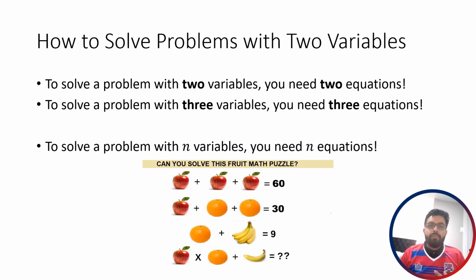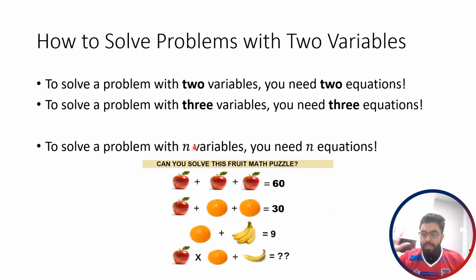Basically, when you're solving problems with more variables, for every different letter that shows up in your problem, for every different fruit that shows up in your problem, you need to have that many equations in order to solve the problem fully. So if you have a problem with 2 variables, you need 2 different equations that contain different pieces of information. To solve a problem with 3 variables, you need 3 equations that contain different pieces of information.